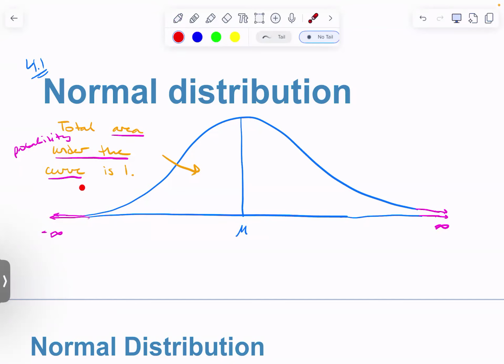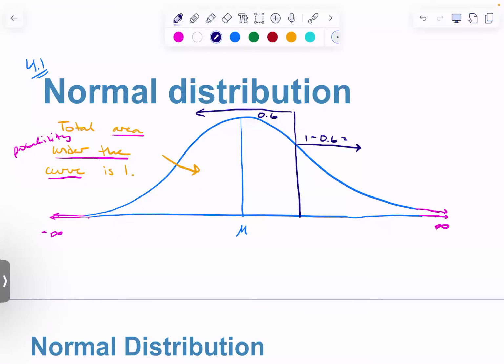The total area under the curve is 1, which means that if you know, for example, that the area to one side maybe is 0.6, then what must the area to the other side be? Must be 1 minus 0.6, which is 0.4.